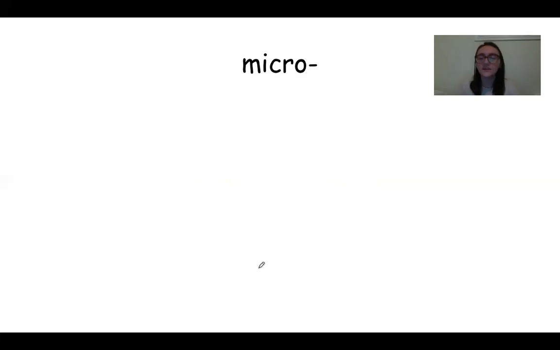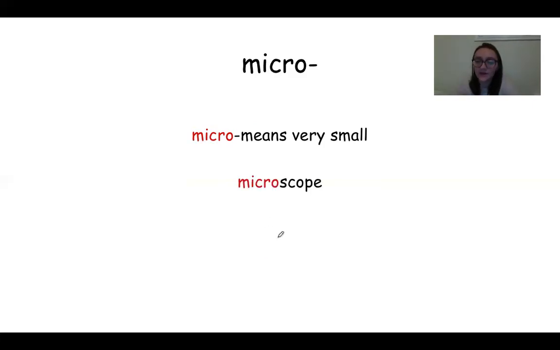So the next one is micro. Micro just means very, very small. So if you see a word that has the word micro in it, at least you know it's talking about something that's very small. The word microscope means, because of this part, but also just because of what the thing is, to be able to see things that are very, very small.